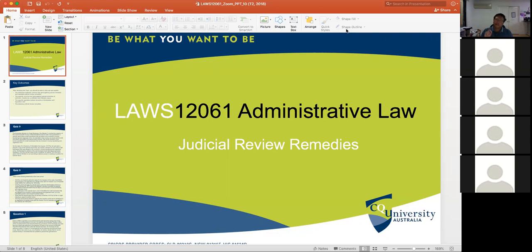There's always an advantage to applying for merit review by the Administrative Appeals Tribunal, mainly because, number one, the Tribunal has the power to vary the decisions of the original decision maker. It can step into the shoes of the original decision maker and substitute its own decision for the original decision maker's. So it can do whatever it likes.